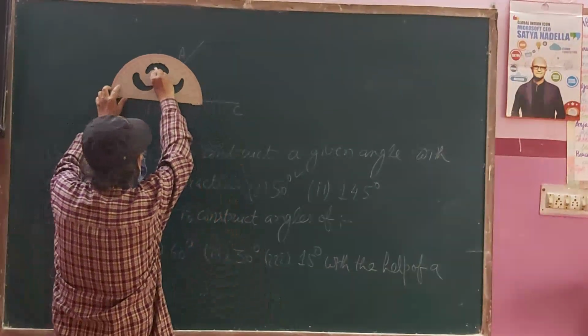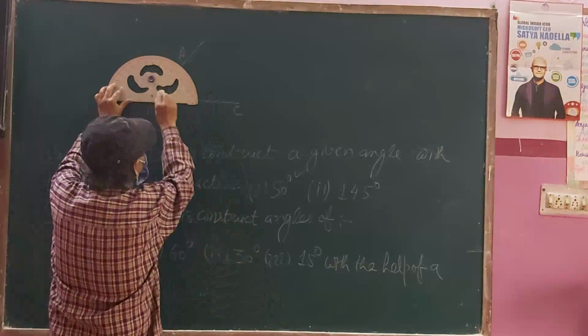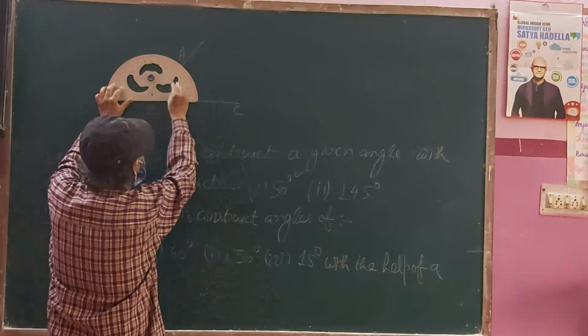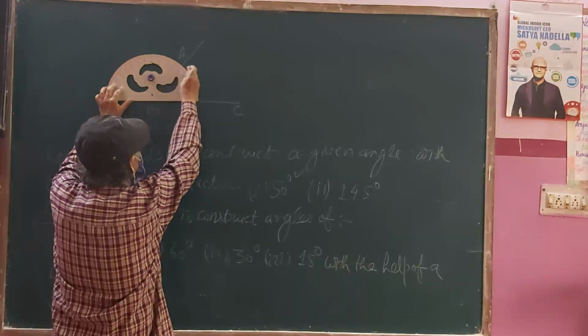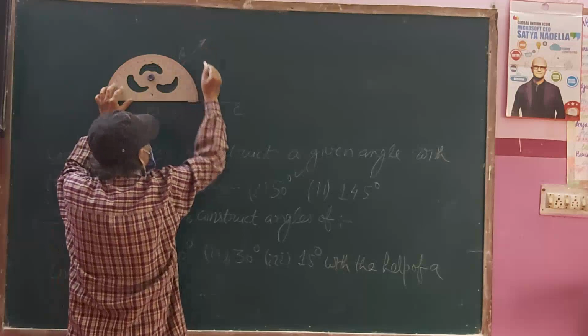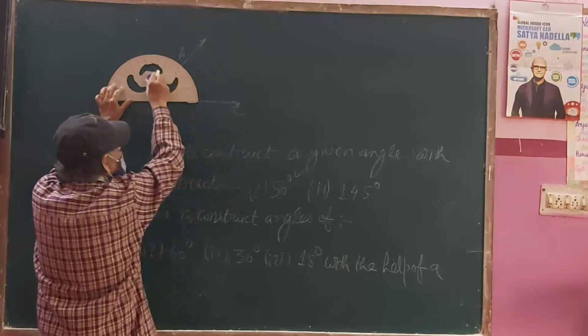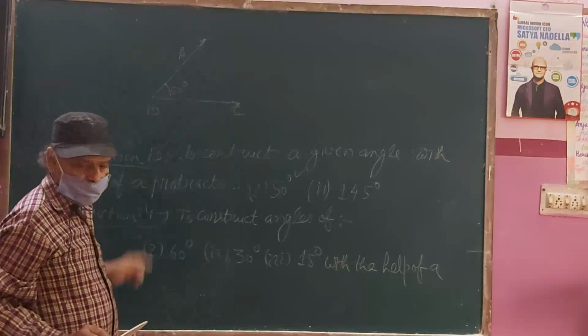See, I have aligned it with this one. This is exactly 50 degrees. You can show it with an arrow mark like this. The angle ABC is equal to 50 degrees.